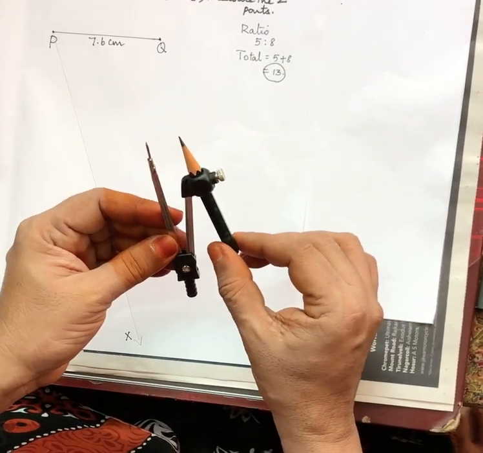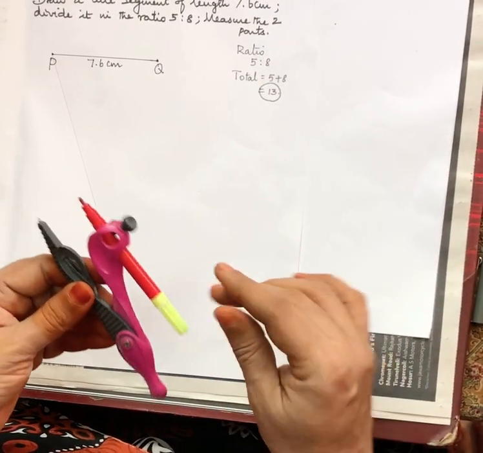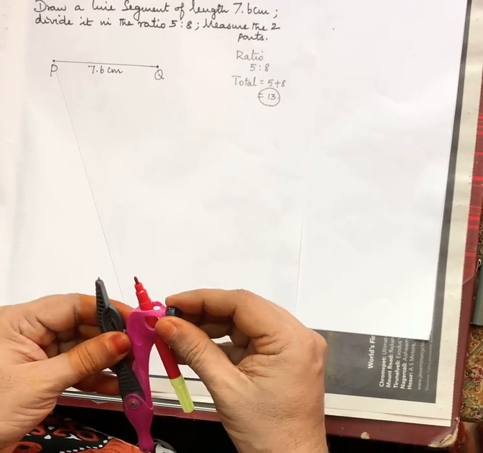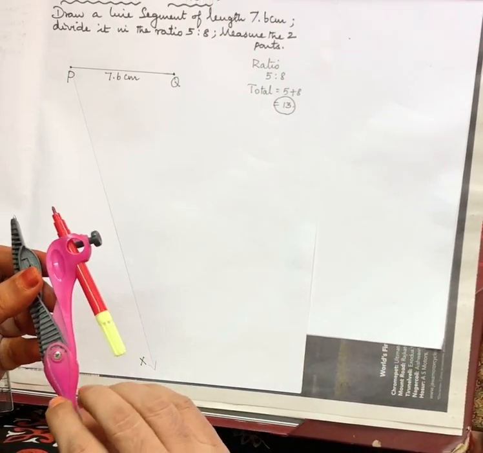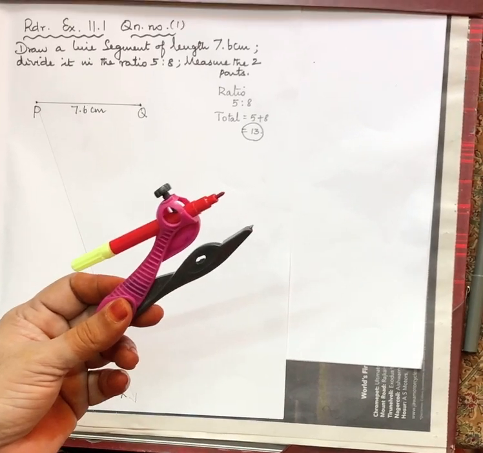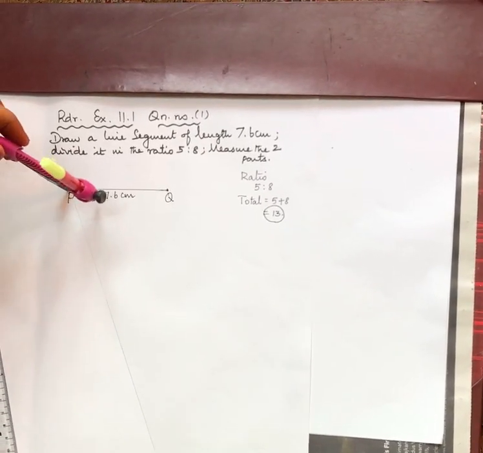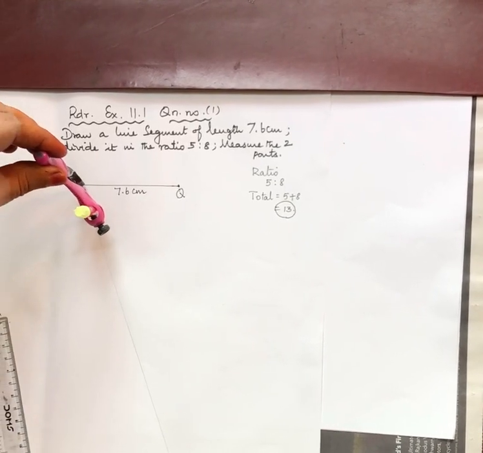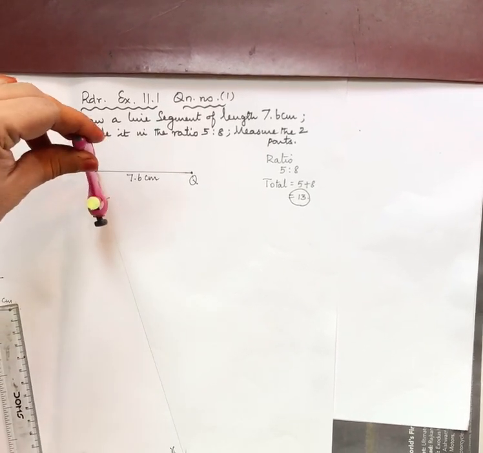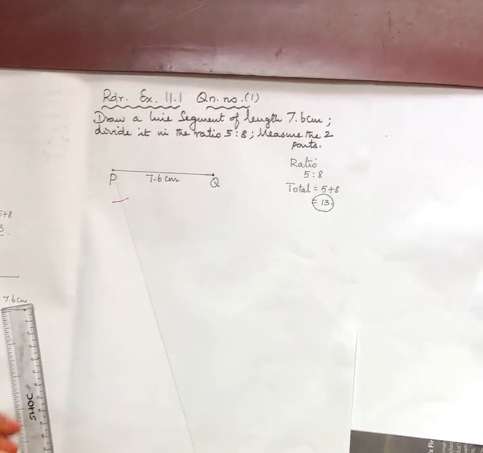For you to see visibly clear, I am making use of a sketch pen. You are making it with only pencil and compass. Now, I am taking the compass. Keep the needle on P. Cut an arc with this radius. First arc 1.